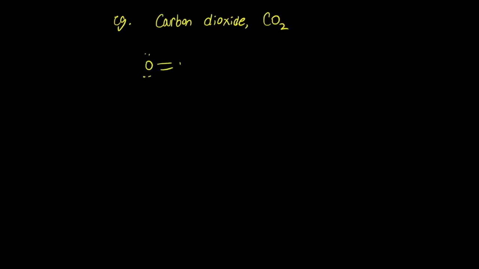We've already drawn the Lewis structure of this many times. This is the E, all right? Each of your oxygen atoms are X, all right? And there's no lone pairs on the central carbon. This also has the general formula EX2, or a central atom E bonded to two atoms X.